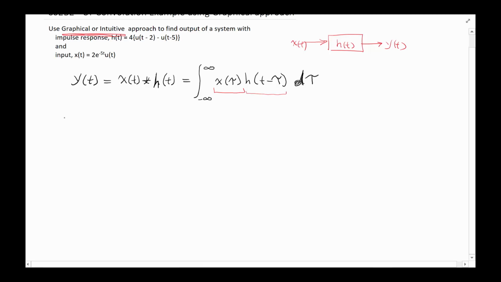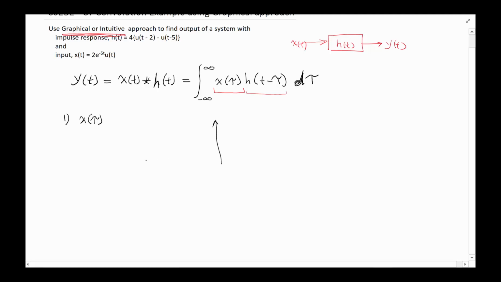Step one is to plot x of tau, which is simply taking anywhere you see t and replacing it with tau. Hopefully that's a pretty straightforward thing to do.